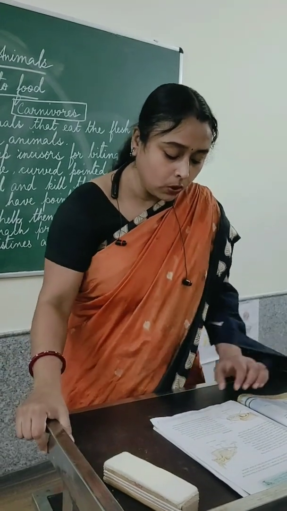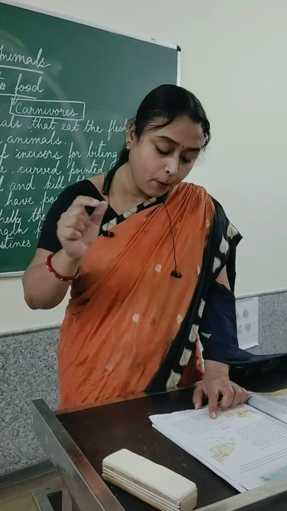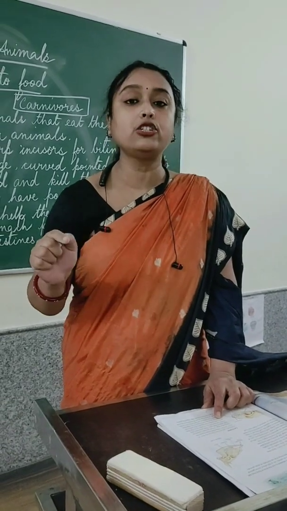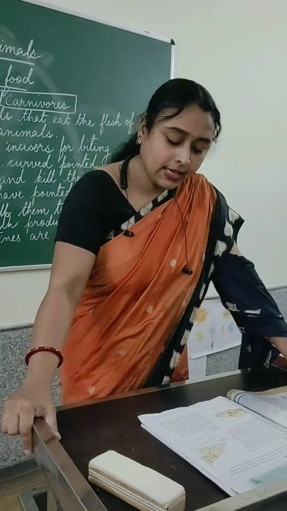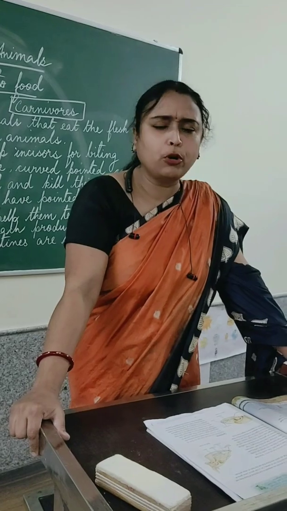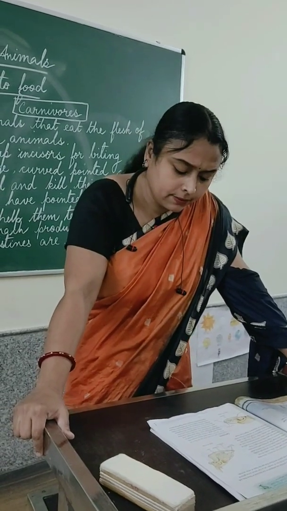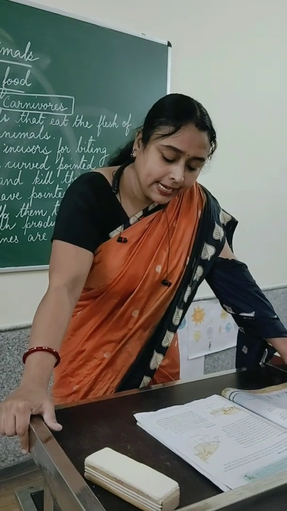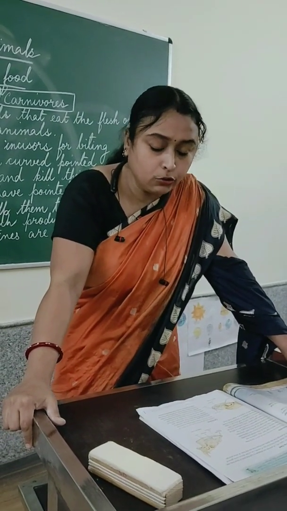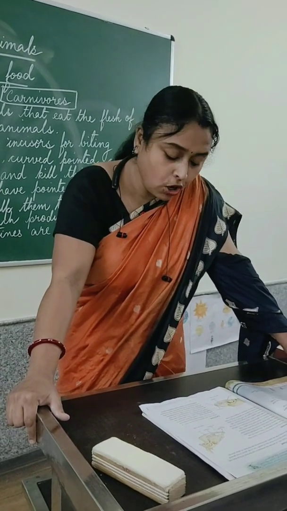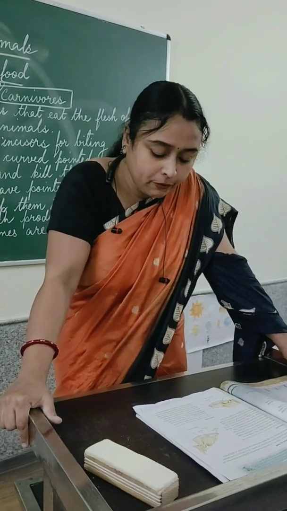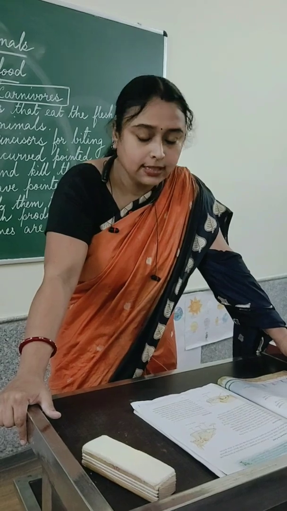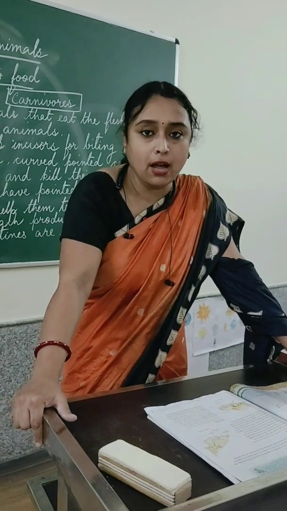They have pointed molars and premolars. Their intestines are shorter than those of herbivores because digesting flesh is easier than digesting plants.